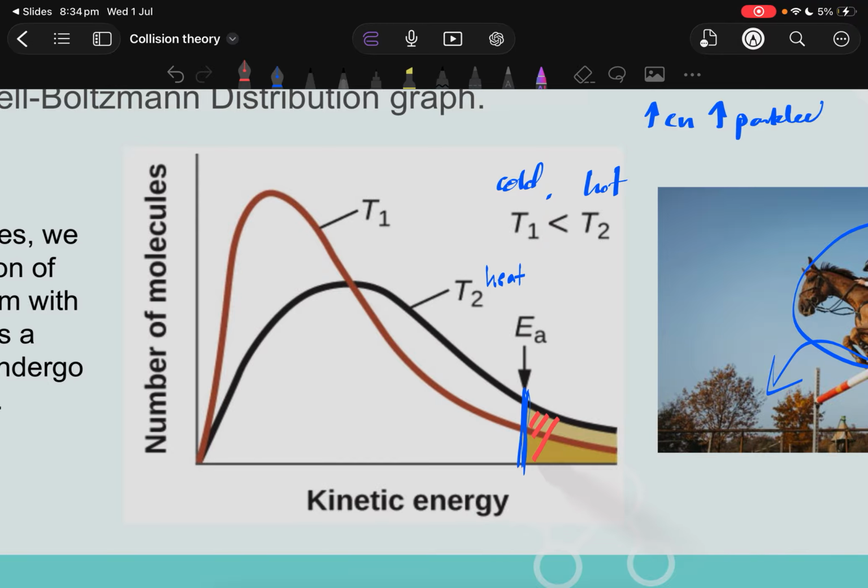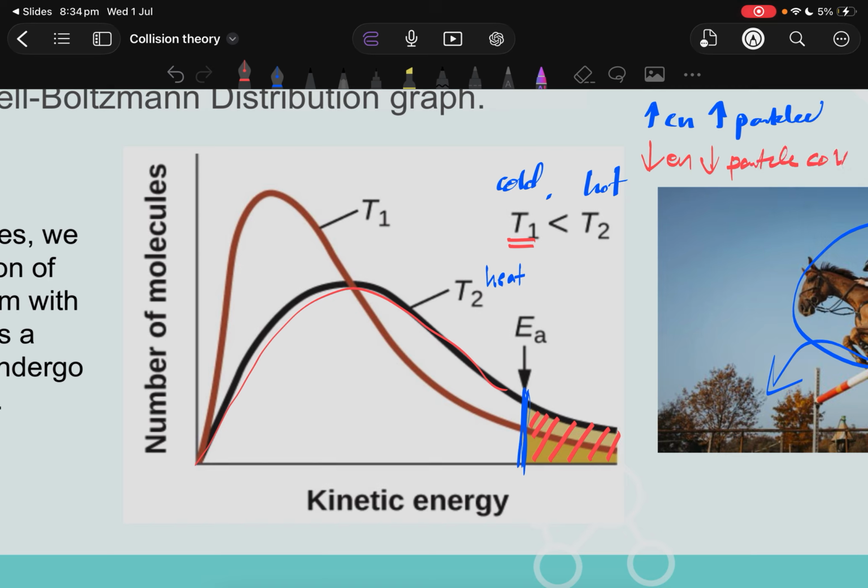Well, I'm seeing that. Under the black graph, I'm seeing a lot more particles overcoming the activation energy because we've increased their energy as a total. And I can also see that over here. Majority of them have a higher energy. But when we lower that temperature, less energy, then overall there's less particle collisions.